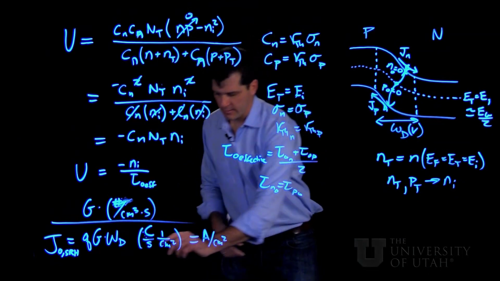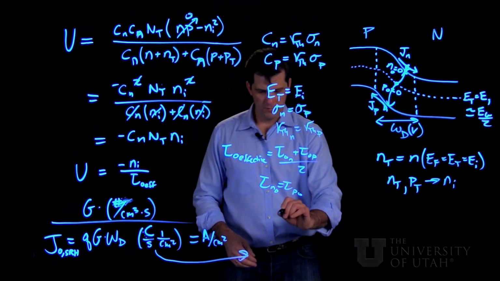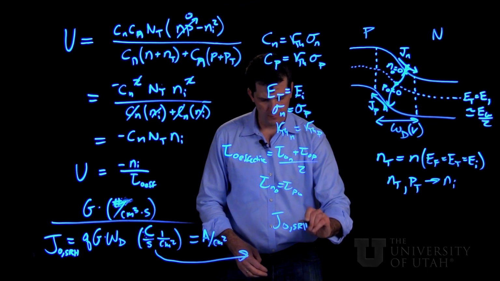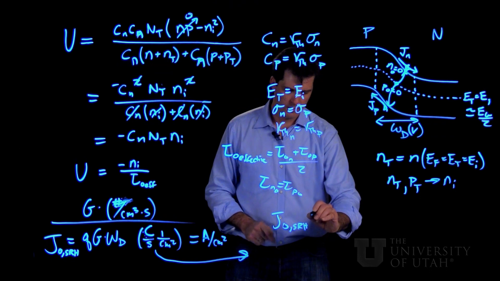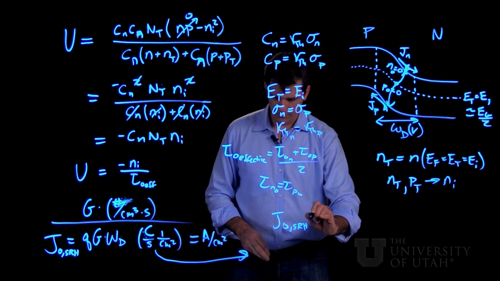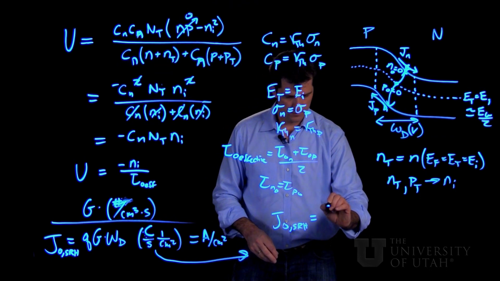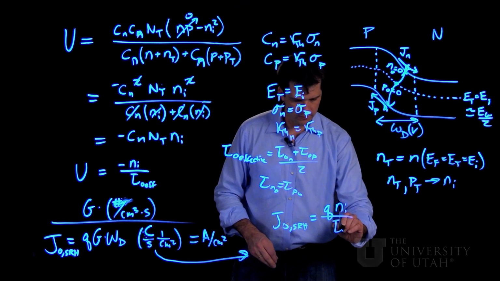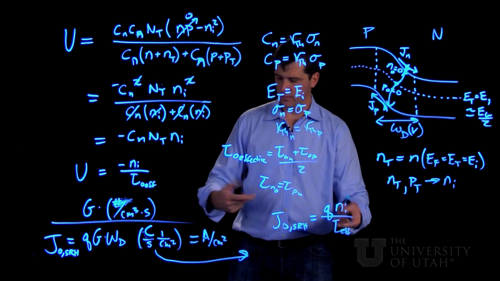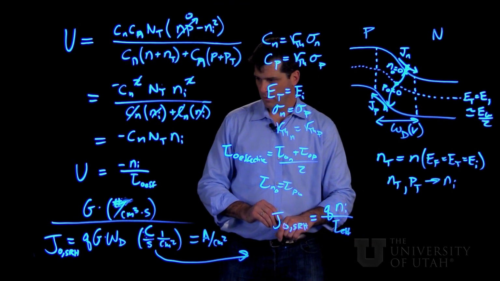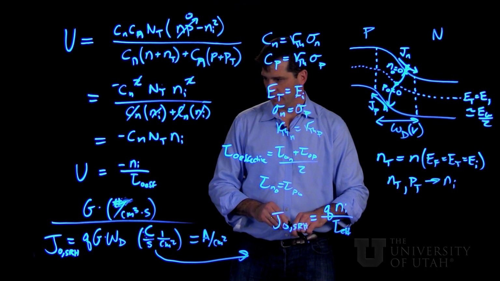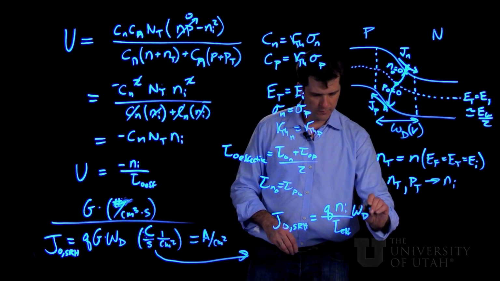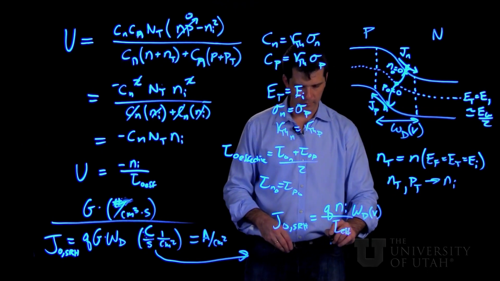So after doing our dimensional analysis here, we can see that the J naught caused by the Shockley-Read-Hall generation inside the depletion width is going to be equal to q Ni over some tau effective, which is a mixture of the n and p type minority carrier lifetimes, times our depletion width, which is a function of voltage also.